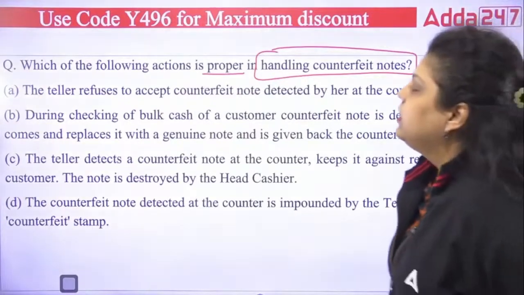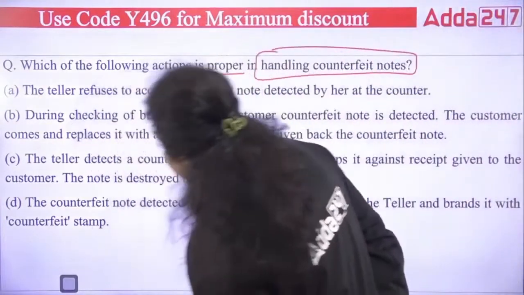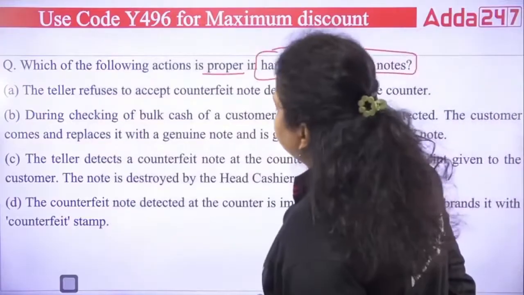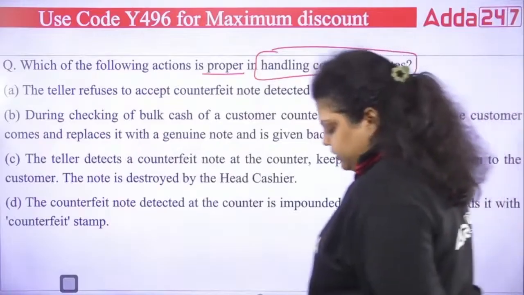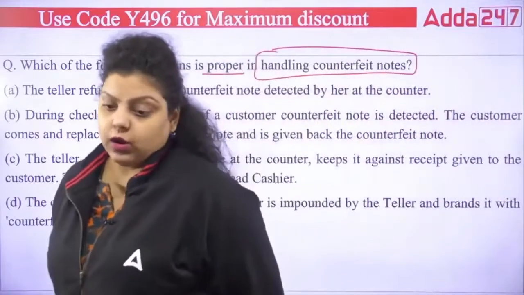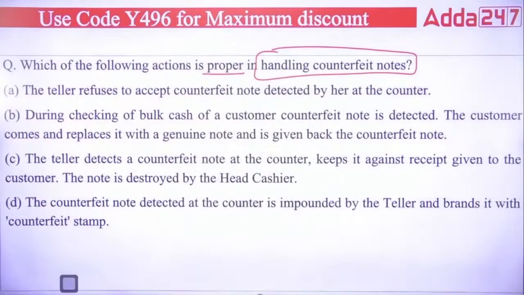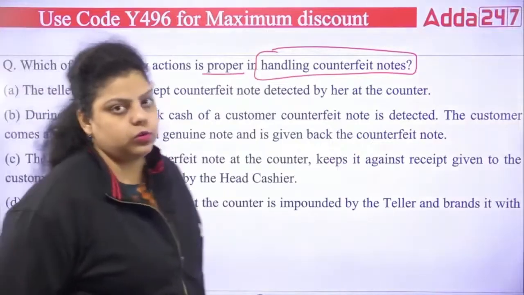First is saying the teller, meaning the cashier, refuses to accept a counterfeit note detected by her at the counter. First, you are not accepting the counterfeit currency when you have detected it. Second, is it a proper action? Second is saying during checking of bulk cash of a customer, a counterfeit note is detected, so the customer comes and replaces it with a genuine note and is given back the counterfeit note.